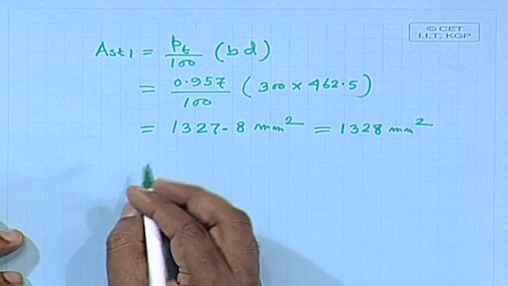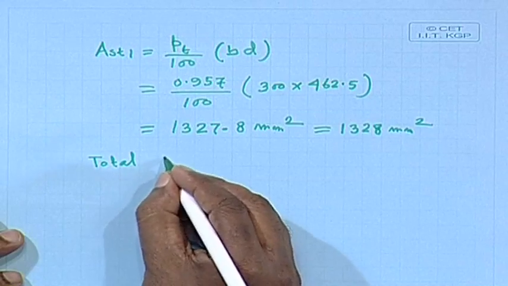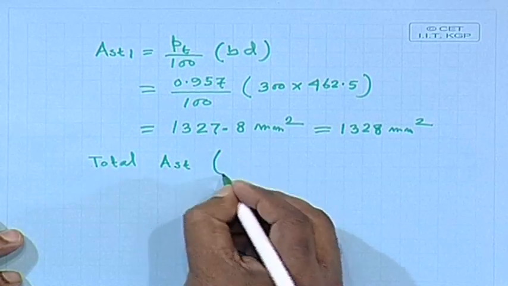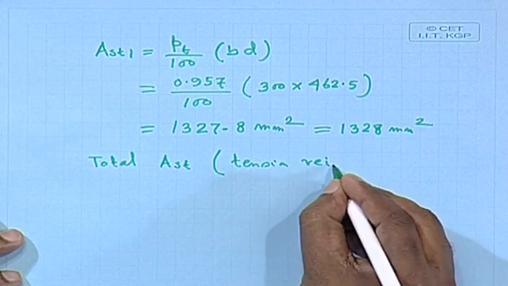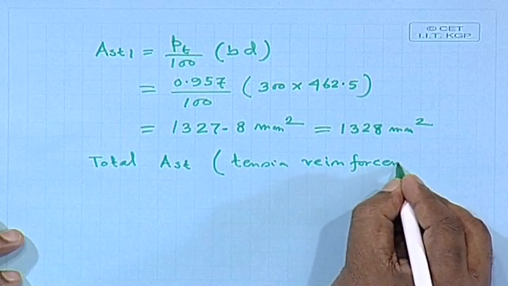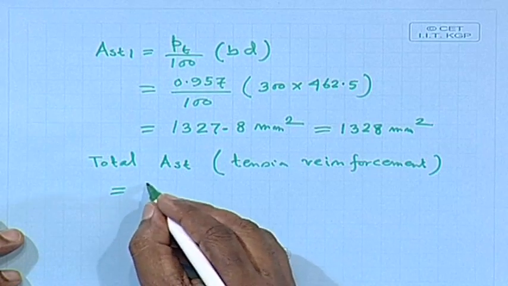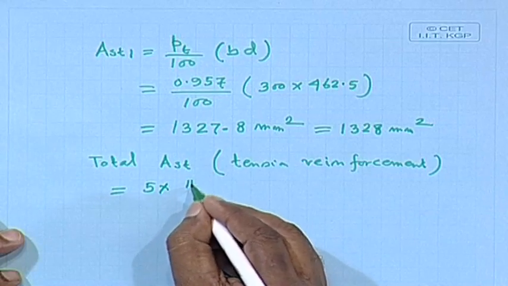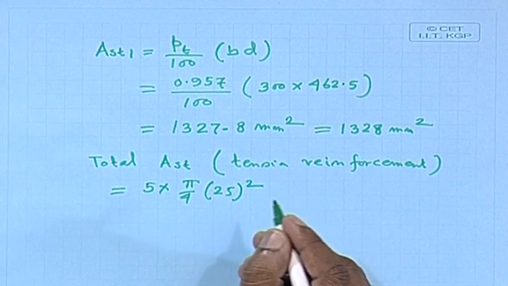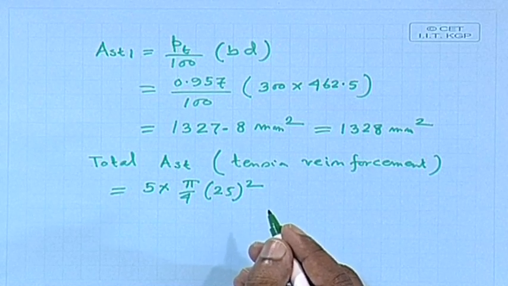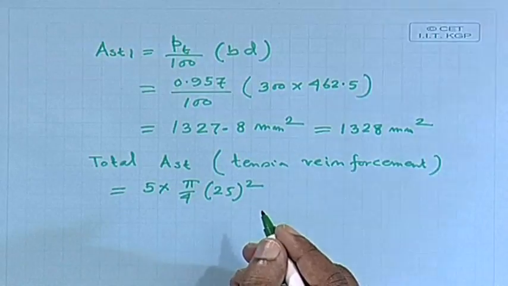What about area of steel? AST, that means tension reinforcement, equal to 5, I think I can write down. Okay.